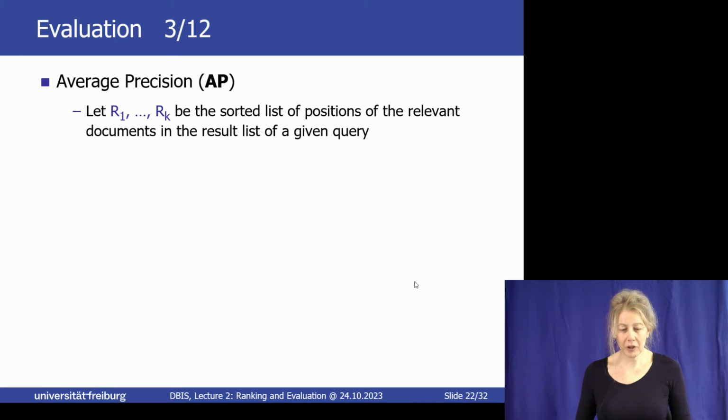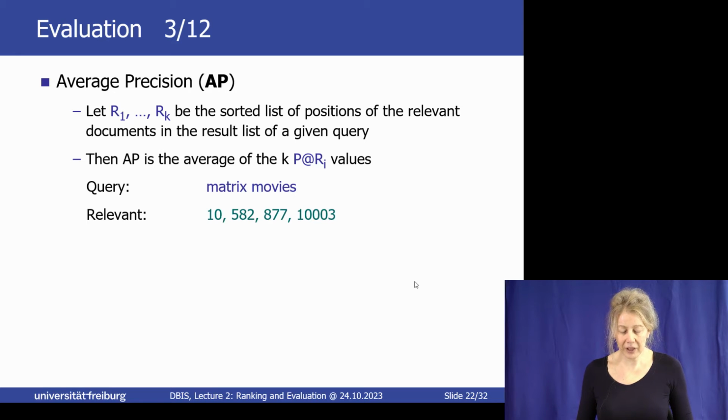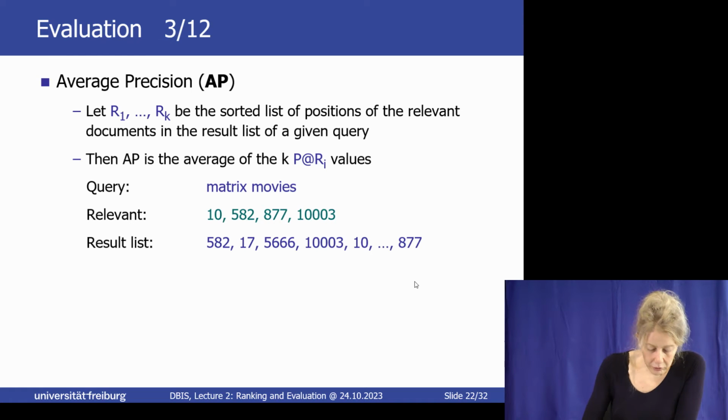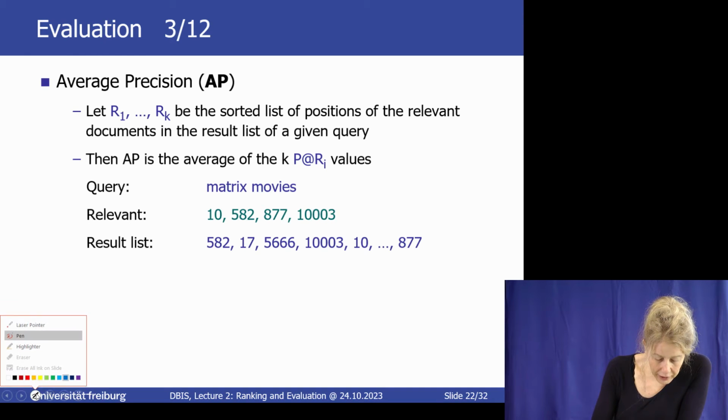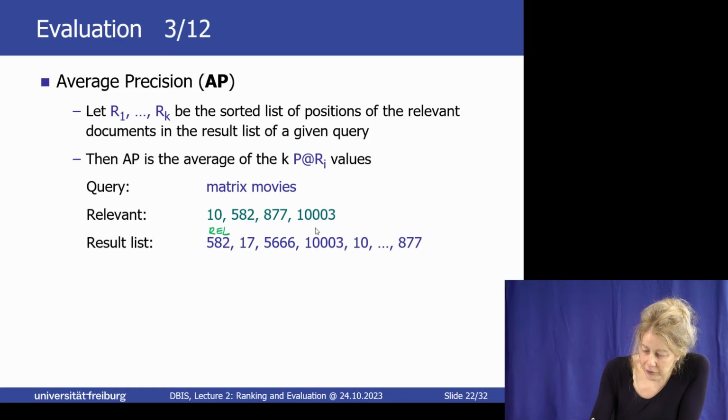Okay, here are some more measures, which are based on the previous measure. Let's again take this one, and let's do the same thing again here. And let me just not write relevant or not relevant. Do I have the right color? Yes. So this was relevant. Which else was relevant?